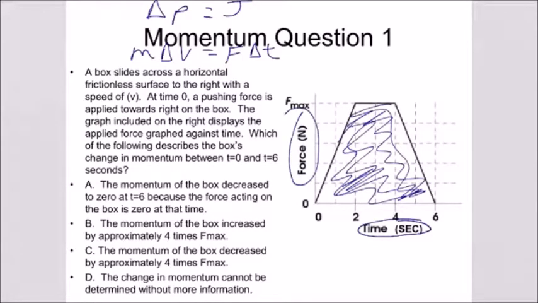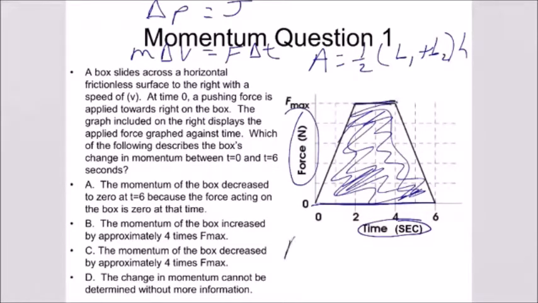Now our shape here is essentially a trapezoid. To find the area of a trapezoid, we say A equals 1/2 times base 1 plus base 2, times height. The bases are the lengths of the bases. Down here, this base has a length of 6, and up here, this base has a length of 2.